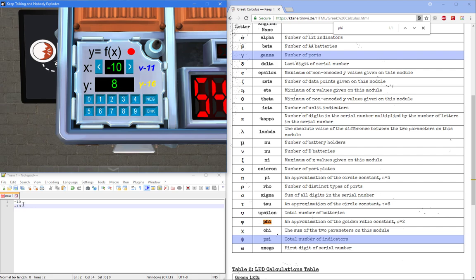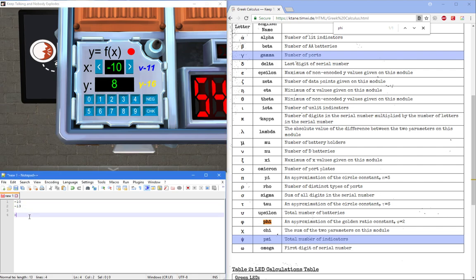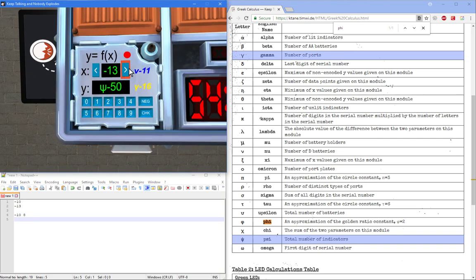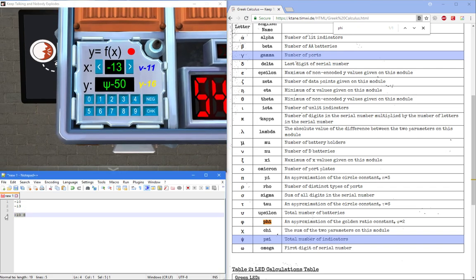So let's go between the two. So we have negative 10 and 8. Negative 8. Oh, we start at negative 13 on my thing. So negative 13 to, let's see, psi negative minus 50.